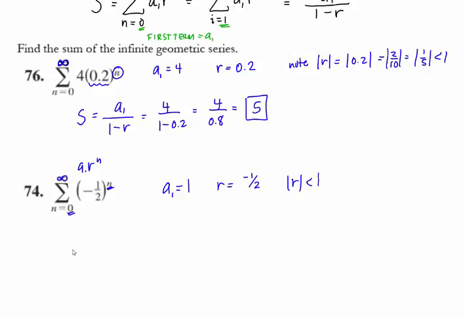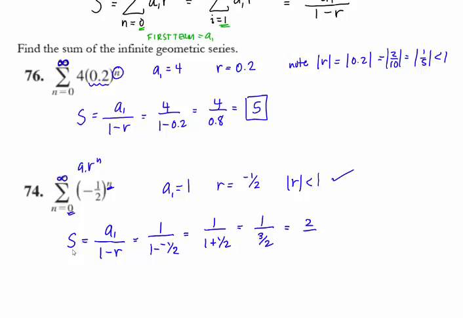Absolute value of negative half is a half, so that means that we can apply the theorem, or the formula, that the sum of the infinite series is a1 divided by 1 minus r, where a1 is 1 and r is negative half. So 1 divided by 1 minus negative 1/2 is 1 divided by 1 plus 1/2. So 1 divided by 3/2 is 2/3 for the sum of the infinite series.